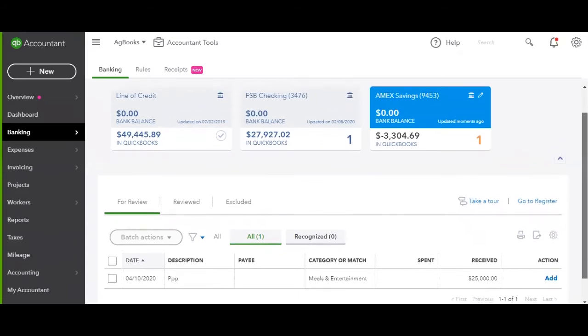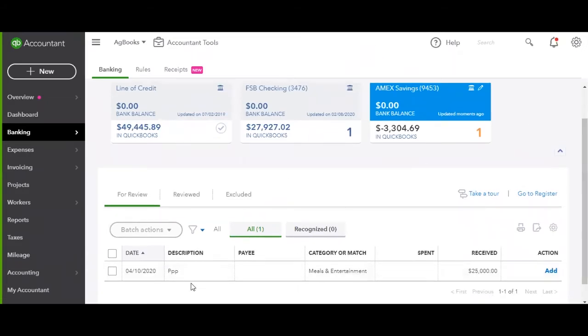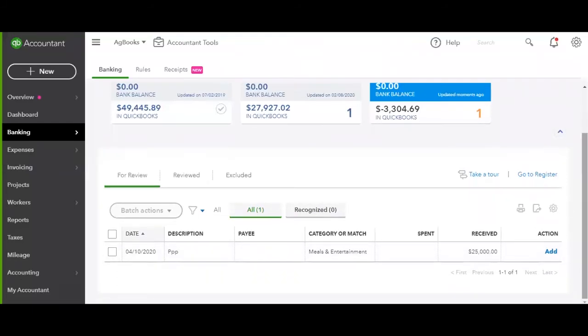So we can see that we have this PPP loan coming in to our savings account. Now, this is just our general savings account. Typically, I would want you to open another savings account specifically for this loan. That is the recommendation. But we're just going to do it this way because it's a lot easier.